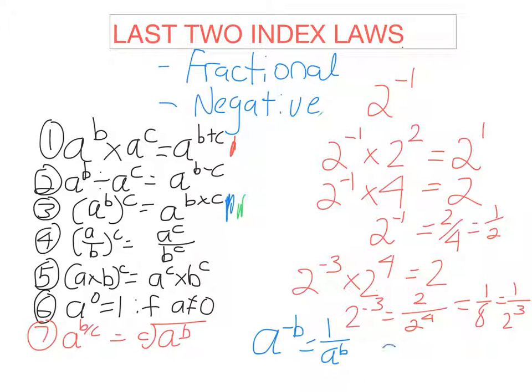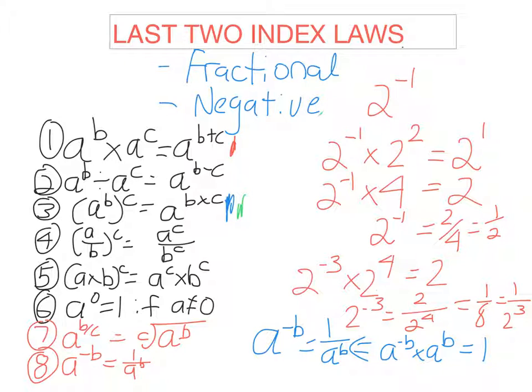And that's because we know a to the power of negative b times a to the power of positive b is 1, or a to the power of 0, from the first index law. So therefore we can rearrange that equation and get this: a to the negative b equals 1 over a to the power of b. So that is our last index law.